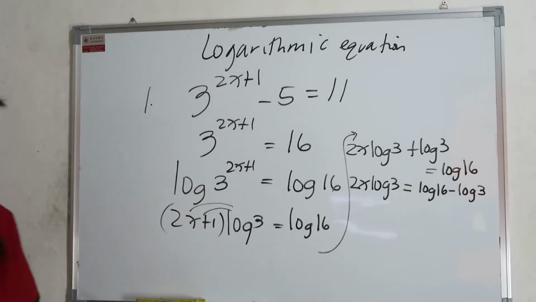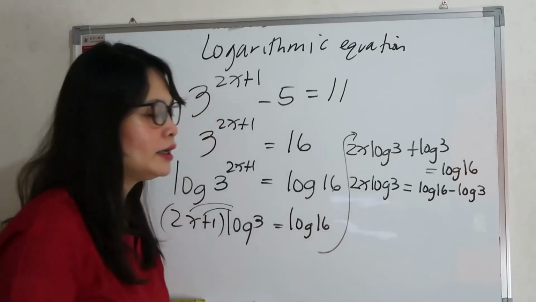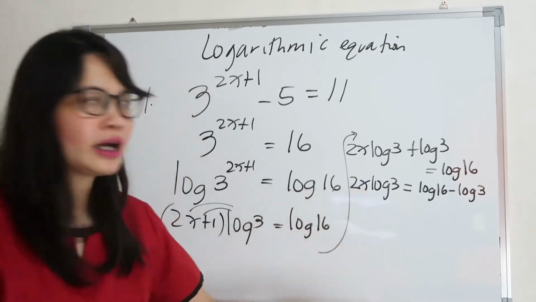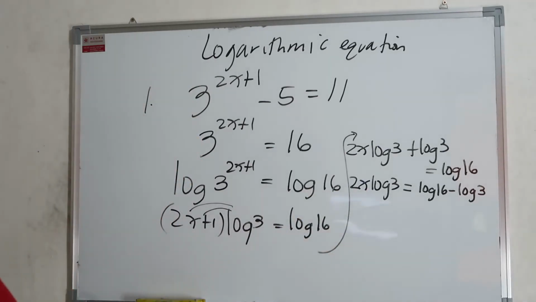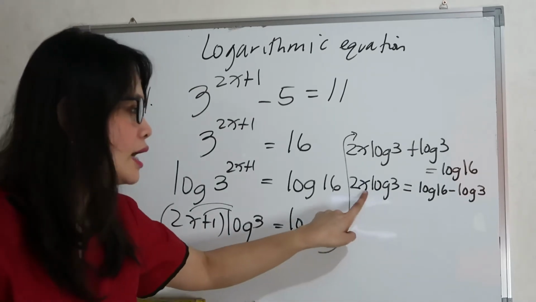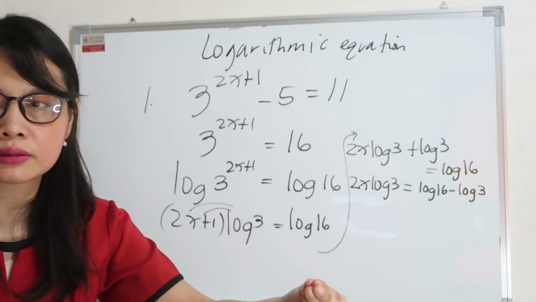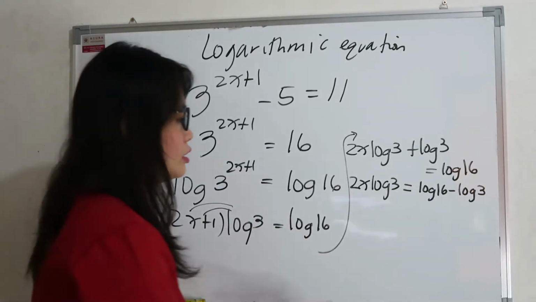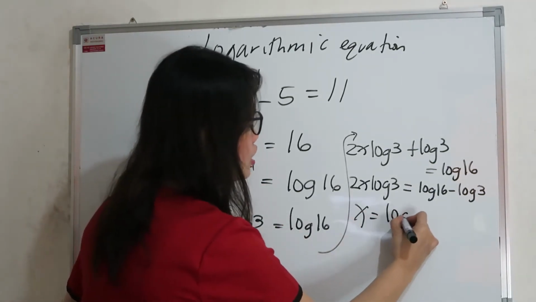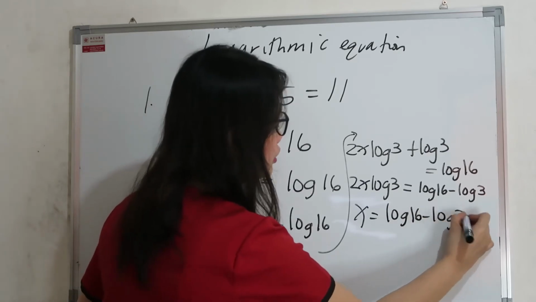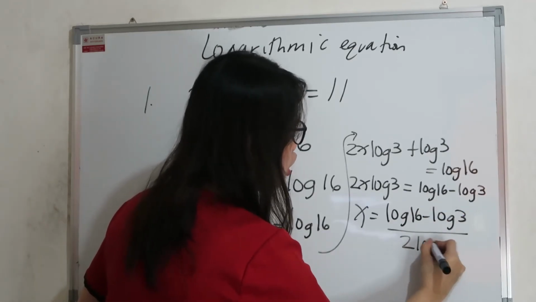Only x should remain, so we need to divide both sides by 2 log 3. So we have x is equal to log 16 minus log 3 over 2 log 3.